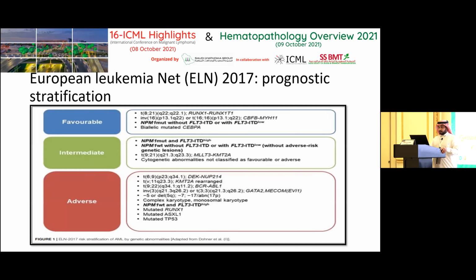Favorable if it has a specific translocation or mutation in NPM1 without FLT3-ITD, or with FLT3-ITD with a low allelic burden, or biallelic mutation of CEBPA. Adverse prognosis if it is complex karyotype, monosomal karyotype, NPM1 wild type and FLT3-ITD with a high allelic burden. If there is a cytogenetic abnormality not classified as favorable or adverse, it will be intermediate.